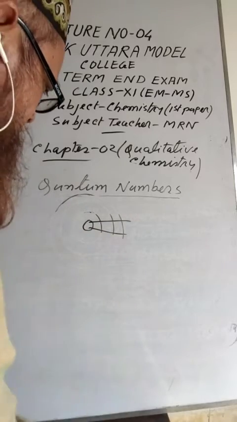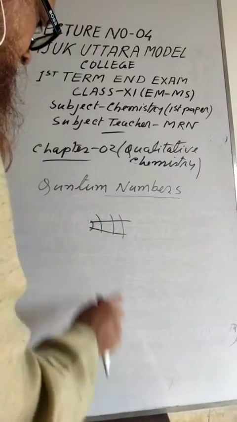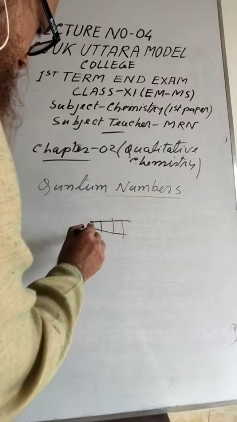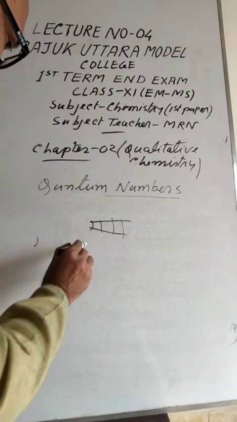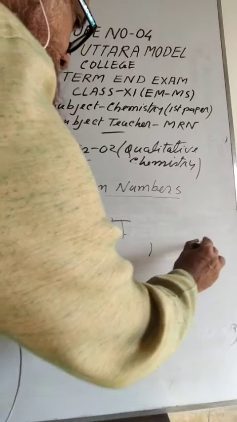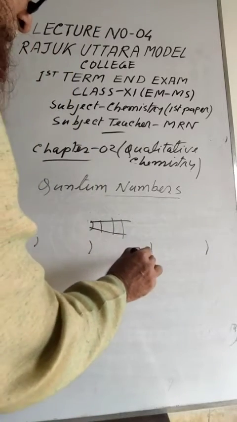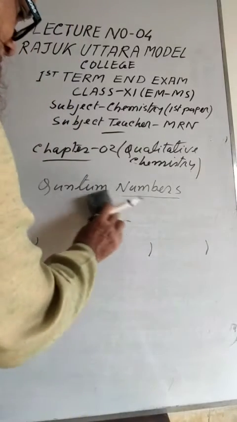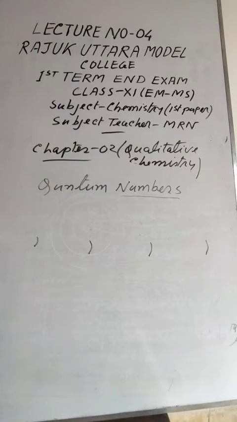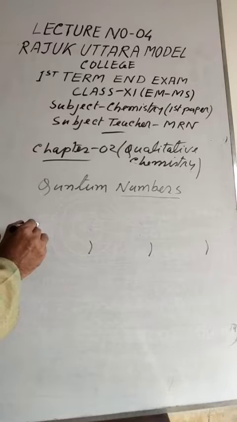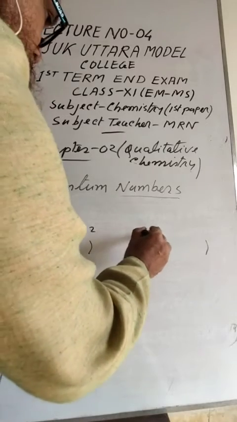This one is taken as 1, the second one 2, third one 3, and the fourth one 4. Separately, the principal quantum number n indicates this one is 1, this one is 2, this one is 3, this one is 4, and so on.